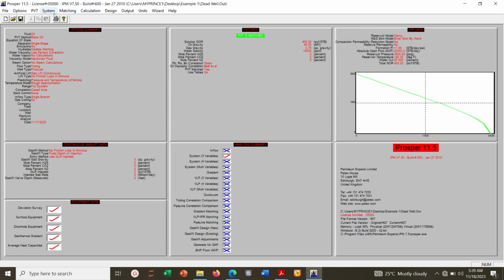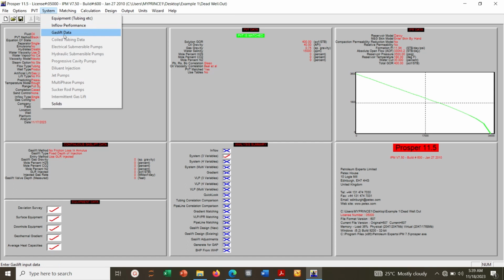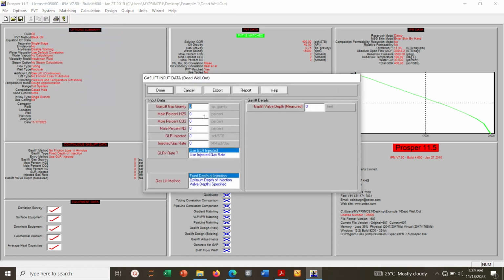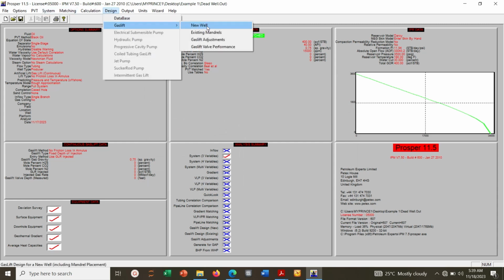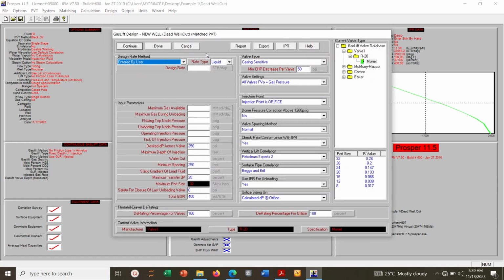The next is to go to system, click gas lift data. Under gas lift gravity, enter 0.75. Click done. Then quickly go to design, gas lift, new well. Under gas lift design method, choose maximum production.